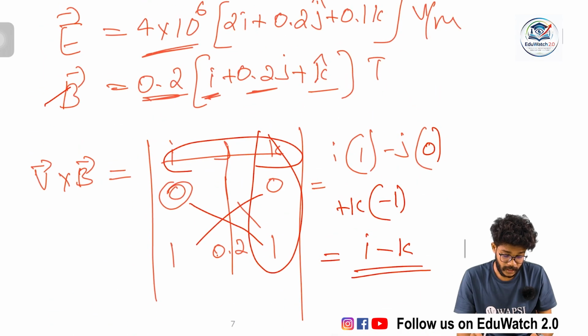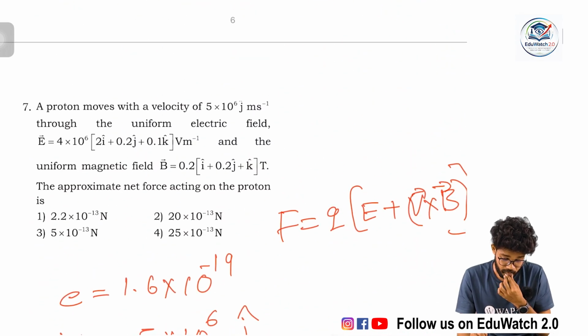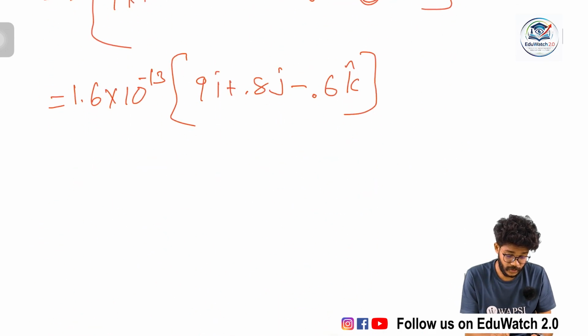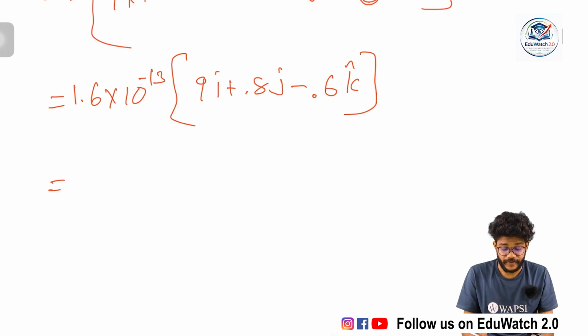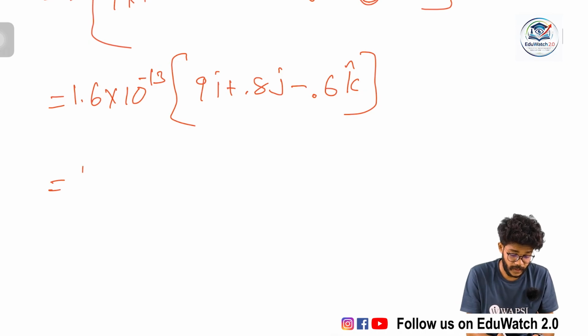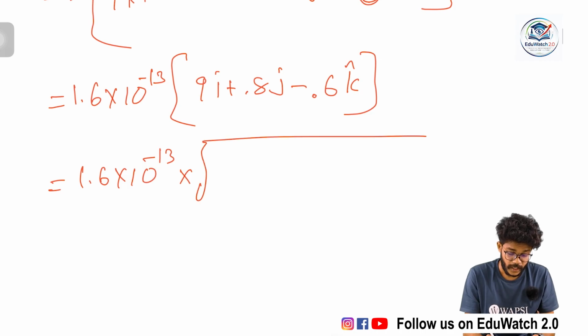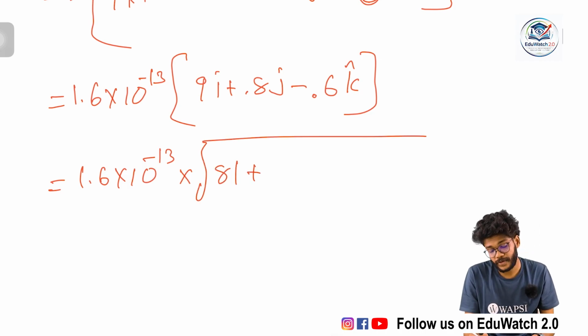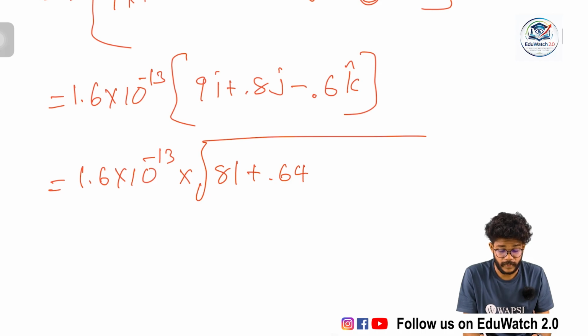Okay, so we can compare our answer with the options. Here we have only the magnitude, so we want to take the magnitude. Magnitude of a vector is root of x square plus y square plus z square. Okay, so 1.6 into 10 raised to minus 13 into root of 81 plus square of 0.8 is 0.64 plus square of 0.6 is 0.36.